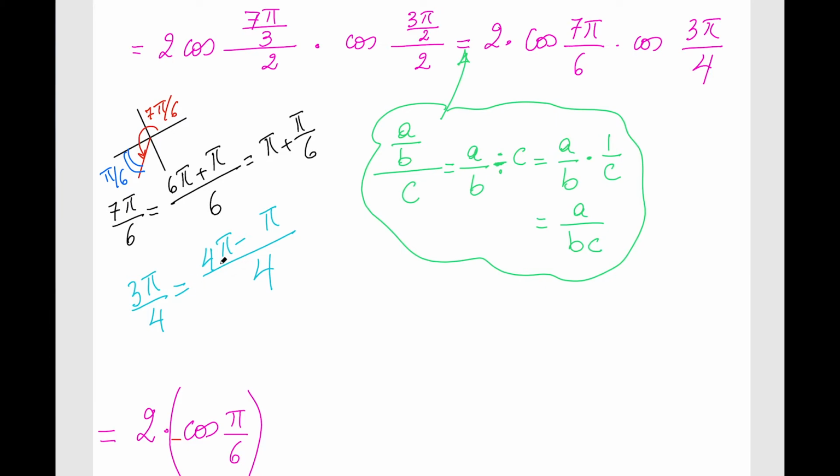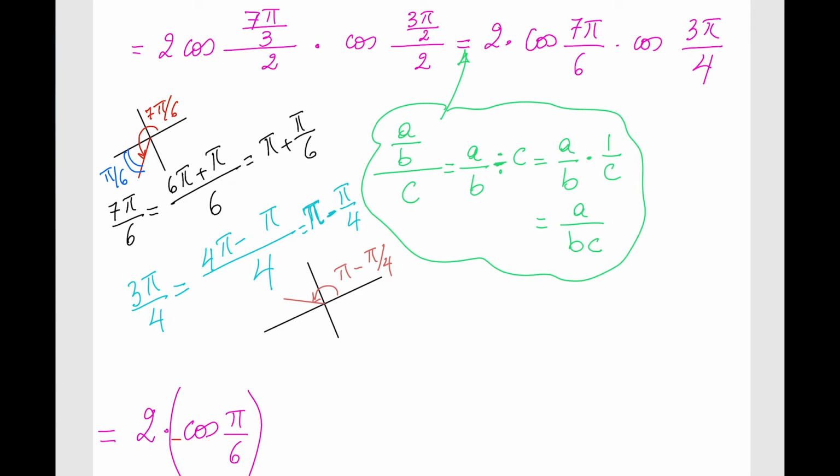Minus 1 pi. So 4 pi minus 1 pi is 3 pi. And this is equal to 4 pi over 4, which is pi. So which is pi minus pi over 4. Okay. So this is in the second quadrant, as you might have expected. That's the angle pi minus pi over 4, which is 3 pi over 4, right?